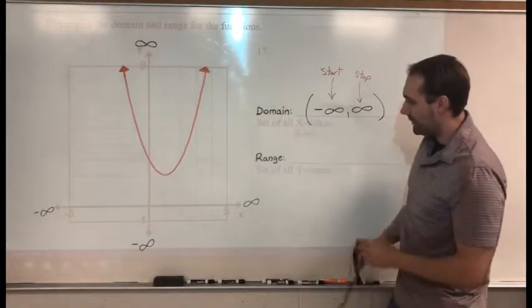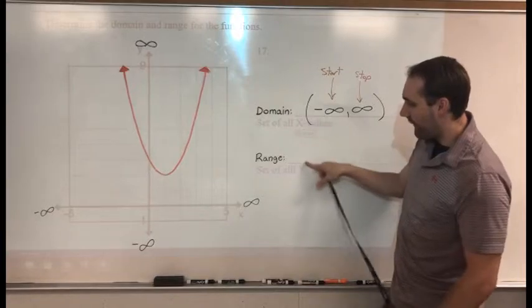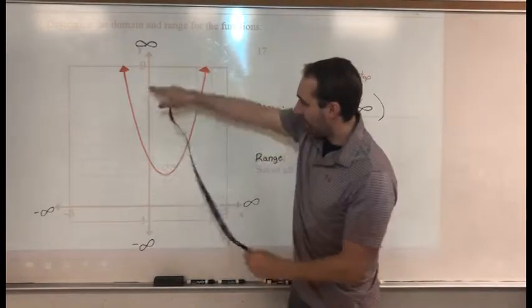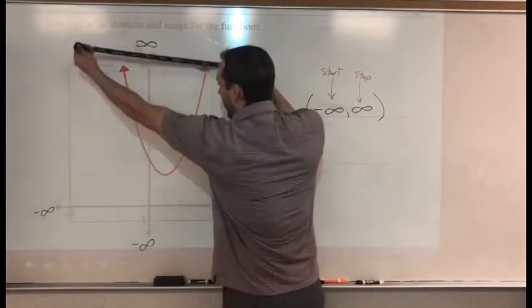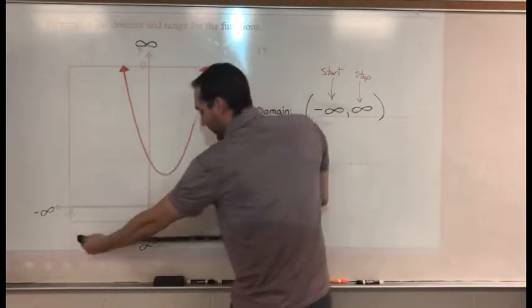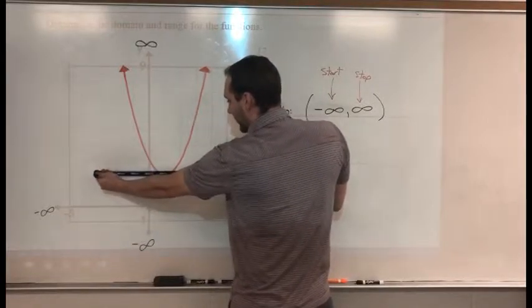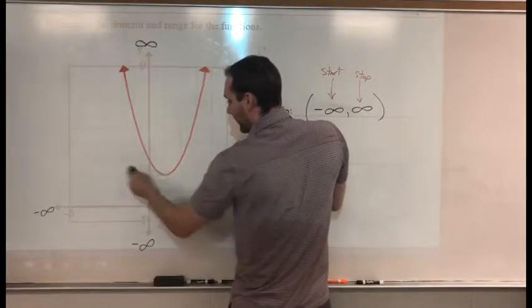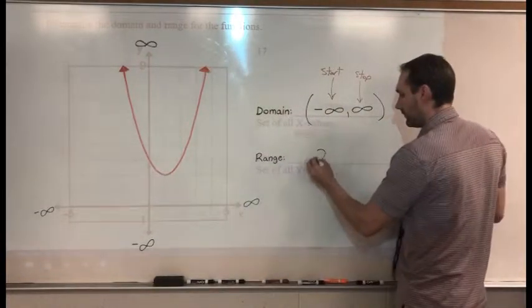Now the range, let me look at the range. Again, the range will be the set of all y values, and I want to go from -infinity to +infinity. So now I'm looking here at the y-axis, and we're going to start at -infinity. Where does my graph start? Bam, starts right there. Starts at the value of 2. So my graph starts at 2.